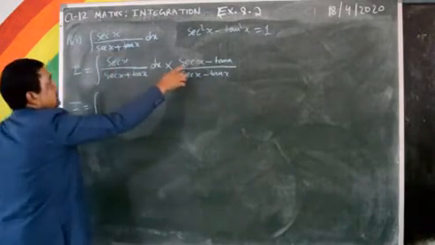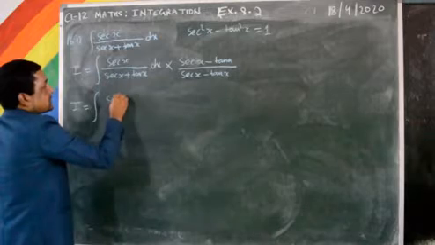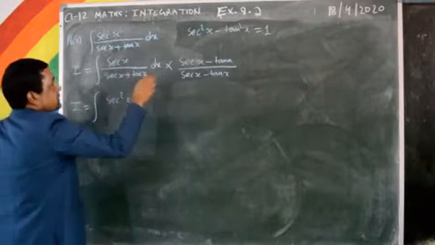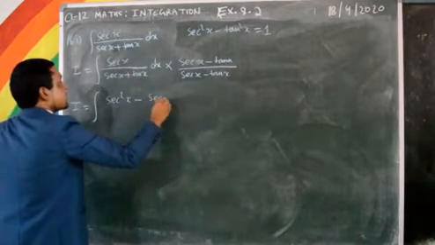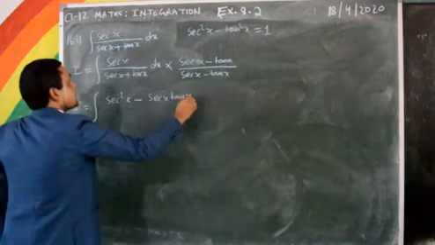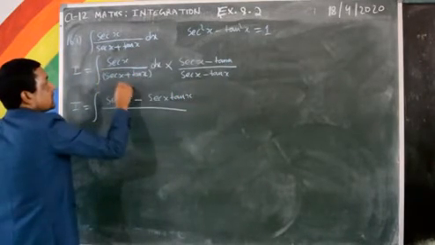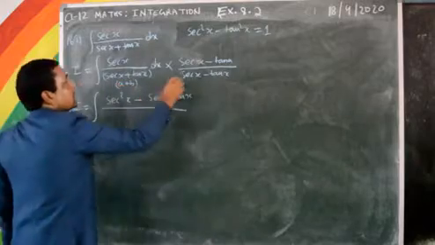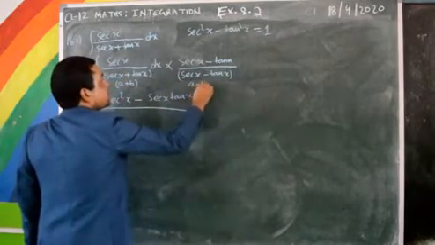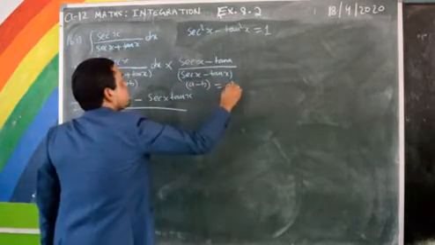Now sec x multiplied by sec x is sec square x, minus sec x multiplied by tan x is sec x tan x, divided by now a plus b and a minus b means a square minus b square.